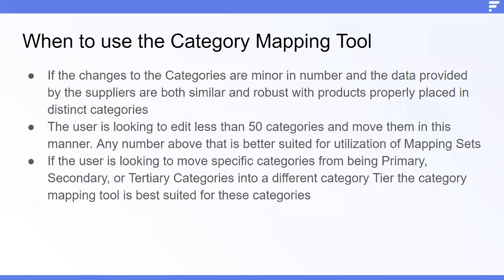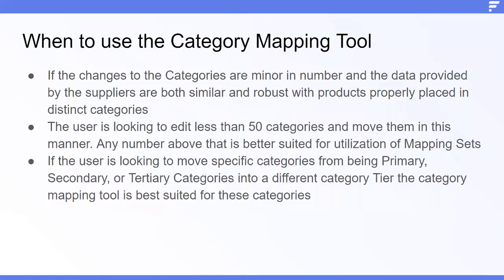Unless your category is literally fluids, which isn't really good for sales. So that's what I mean when I'm talking about robust product data. If you have distinct categories, this mapping tool really works for you.